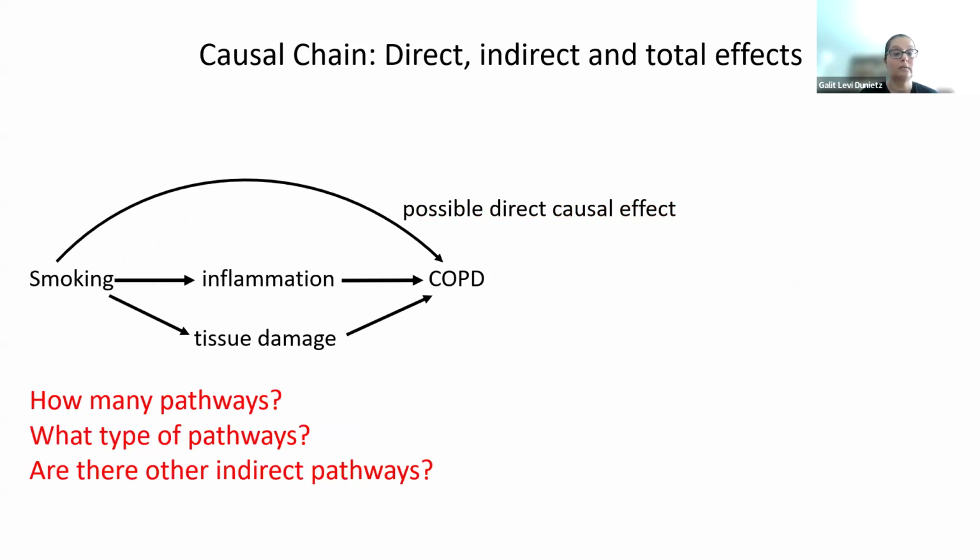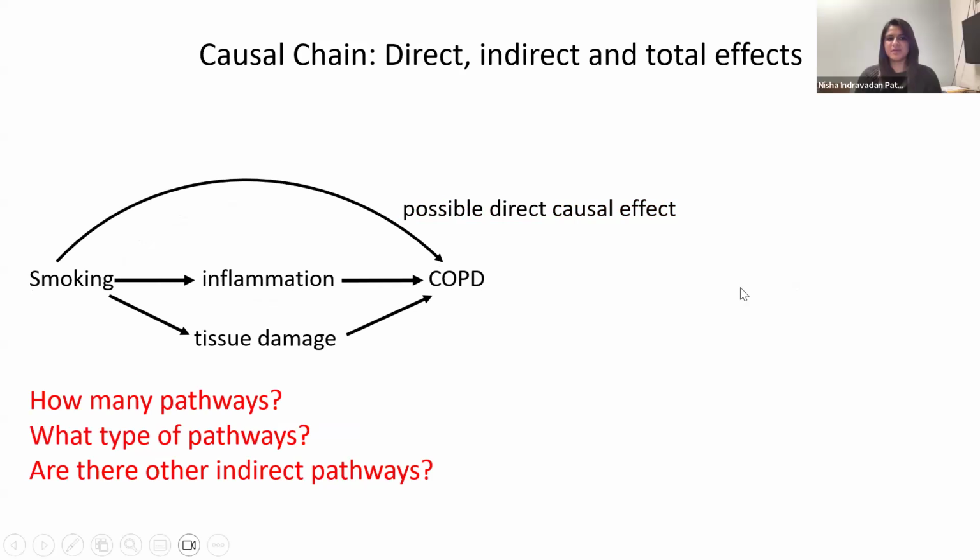So here's another DAG. How many pathways do you see here? This is between smoking and COPD. It's an easy question.